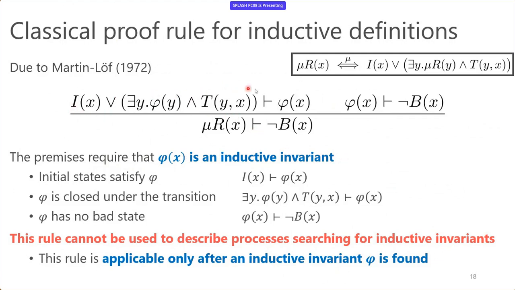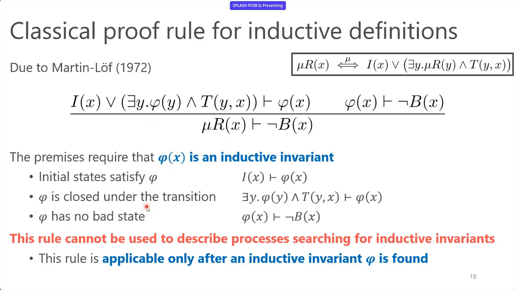The first premise requires that initial states satisfy phi, and it also requires that phi is closed under the transition relation T. And the second premise requires that phi, the inductive invariant, has no bad state. Okay. However, this rule cannot be used to describe the process of searching for inductive invariants. It is because this rule is applicable only after an inductive invariant phi is found.